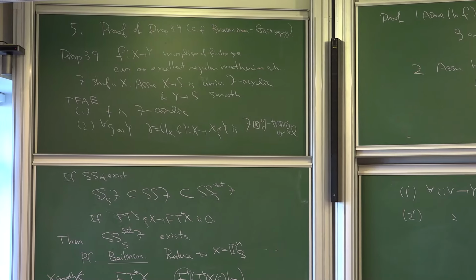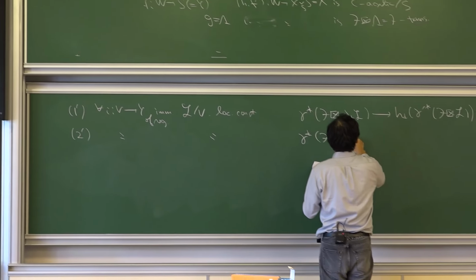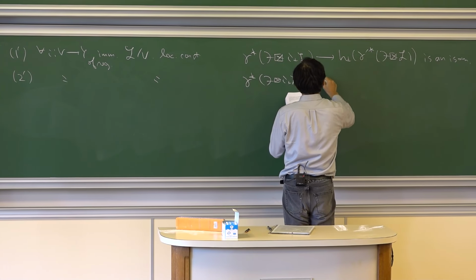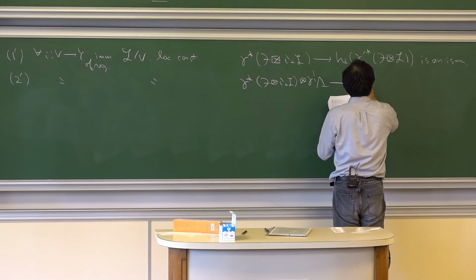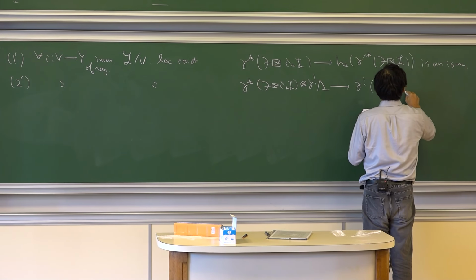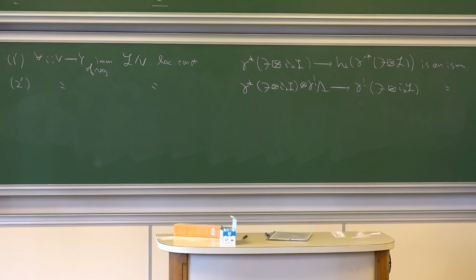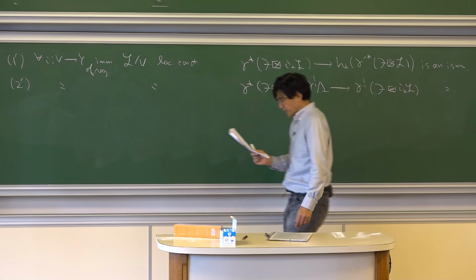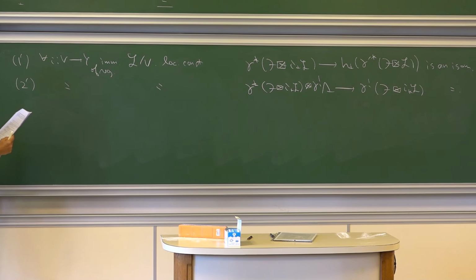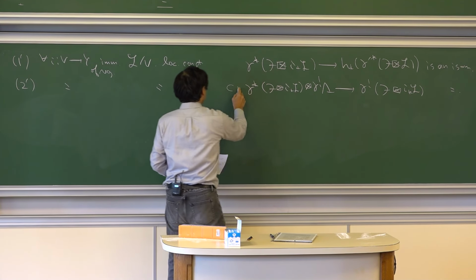So gamma star of F tensor gamma sheaf of lambda is gamma sheaf of this one. This is an isomorphism. So we want to prove the equivalence of these two. And this is the canonical morphism C.